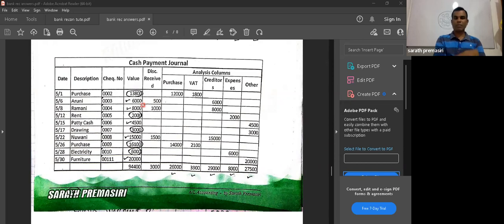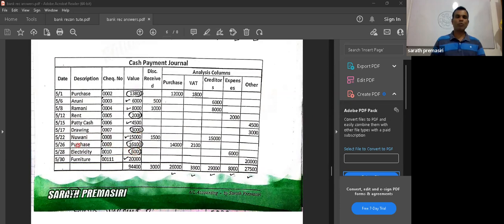No, sir. Right now, all these checks have already been issued. All these checks are issued checks, but not presented to the bank by the relevant parties. We have issued these checks to various people: this is for purchase, this is for rent, and this is as drawings by the owner.